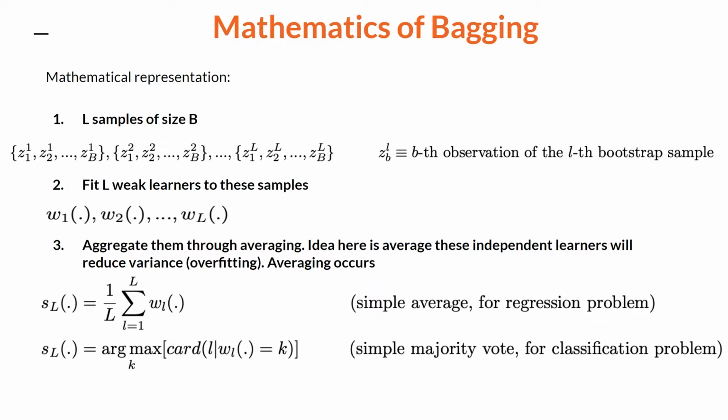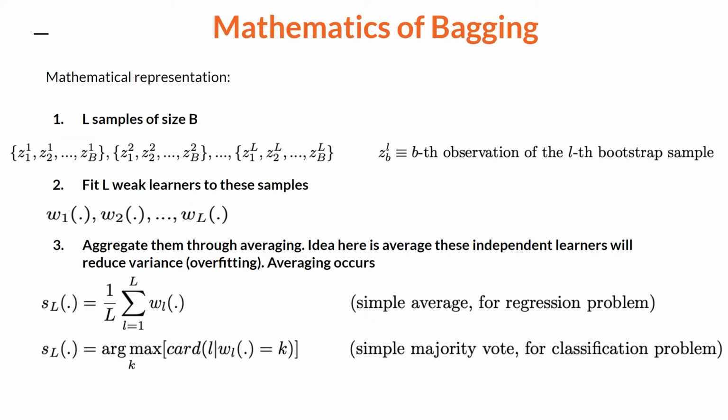If it's a classification problem, you need to use a majority vote. It's a little bit more complex mathematical representation, but it's really no more difficult to understand. You have something called the max cardinality. All you're doing is counting the number of times each classification occurs, and whichever classification occurs the most, that's the strong learner.